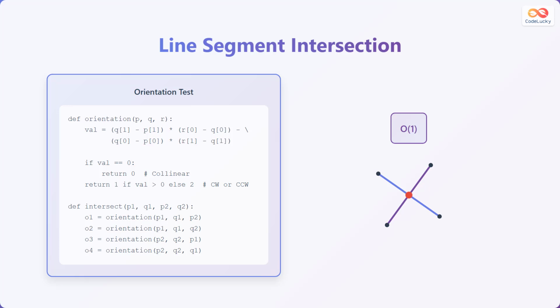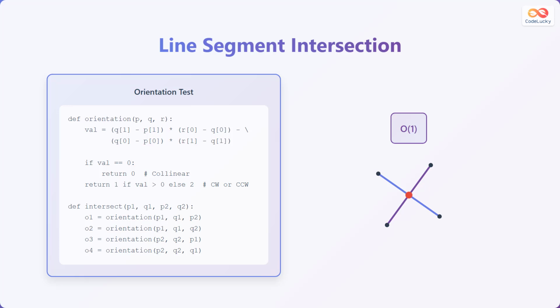Now let's turn our attention to another fundamental geometric problem, determining whether two line segments intersect. In this slide, we use the orientation test. The orientation function determines whether 3 points, P, Q, and R, are collinear, clockwise, or counterclockwise. The intersect function uses the orientation function to check if two line segments, defined by points P1, Q1, P2, and Q2 intersect.